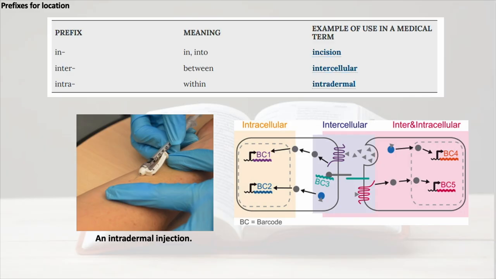So the key point here is that intra signals something that's happening inside of a structure or system. Inter would be between two structures or systems, and in is referring directly in as well, similar to intra, but used in different contexts, right? So for the case of incision, for example.